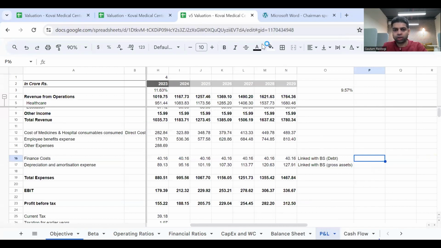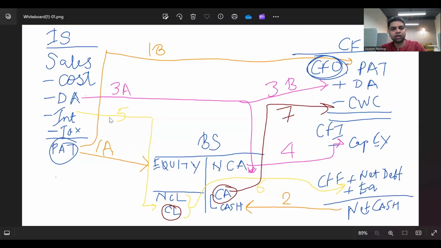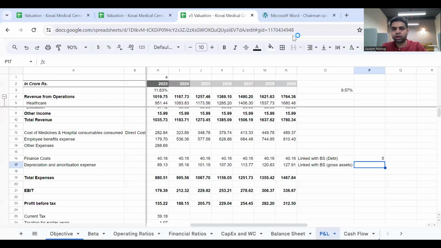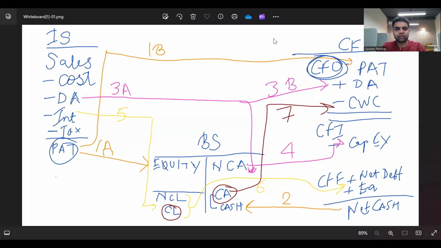Let me put out the labeling as well. The label for interest is 5. The label for profit after tax to equity is 1A.